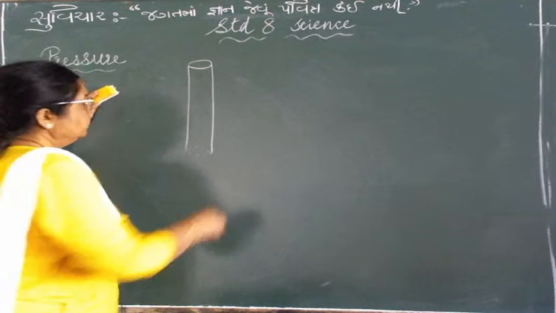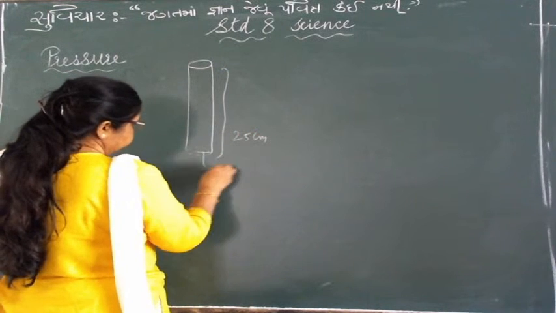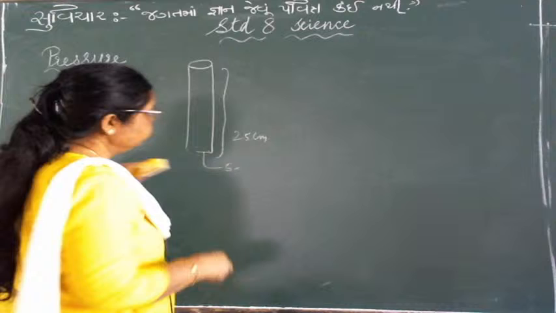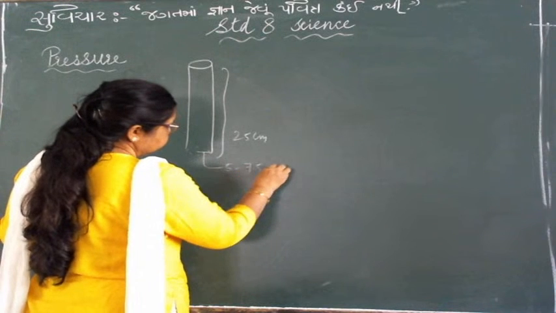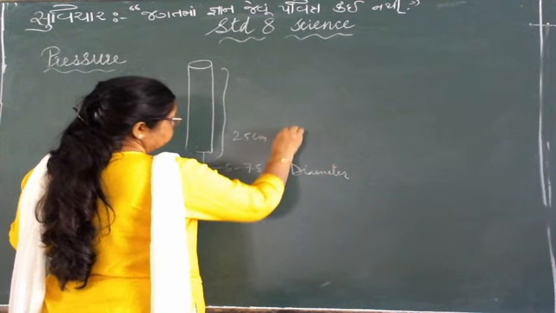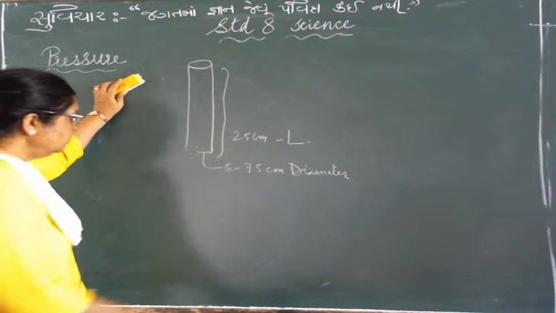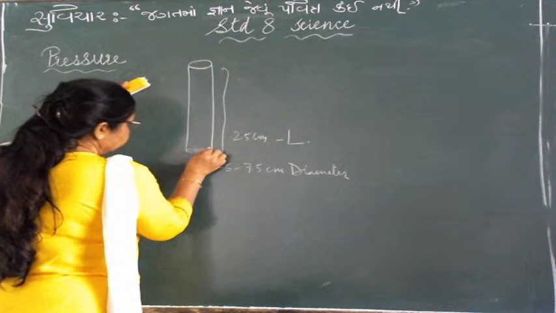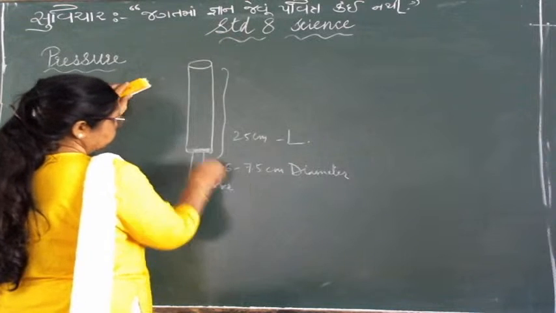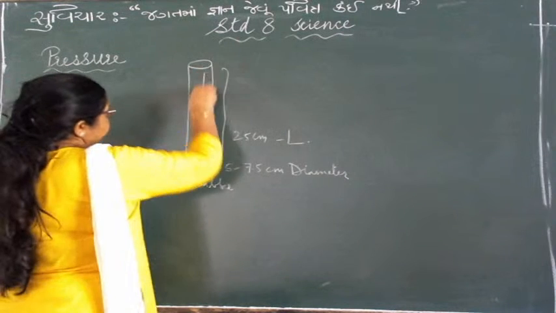This is about 25 centimeter long and the diameter is 5 to 7.5 centimeter, and this is the length. Alright, after taking this, now close this end with a rubber. The rubber is like this initially. Now feel it.